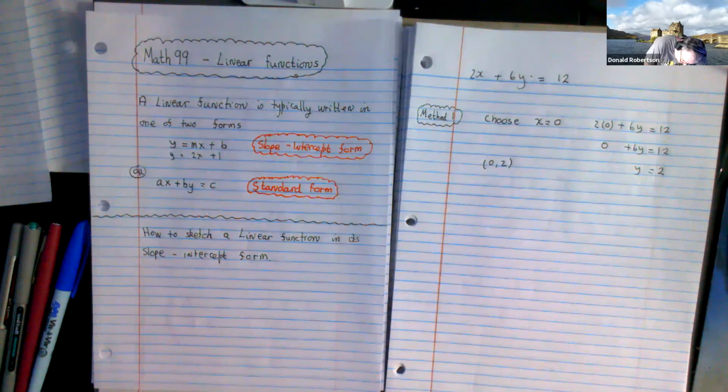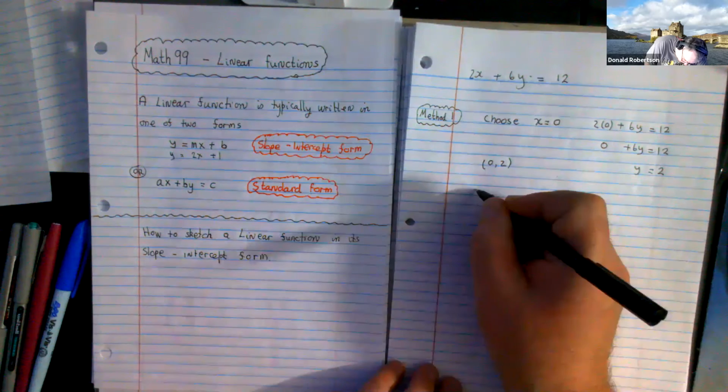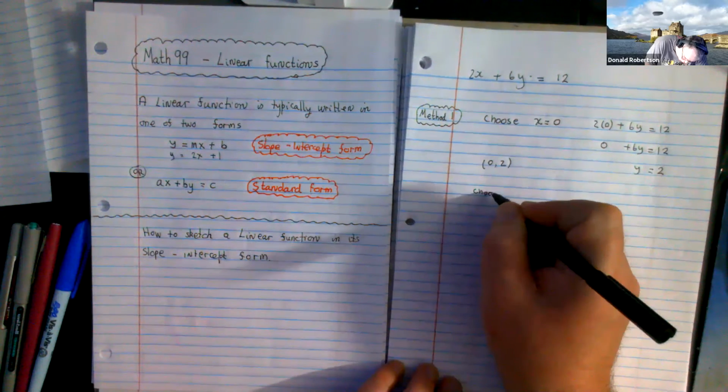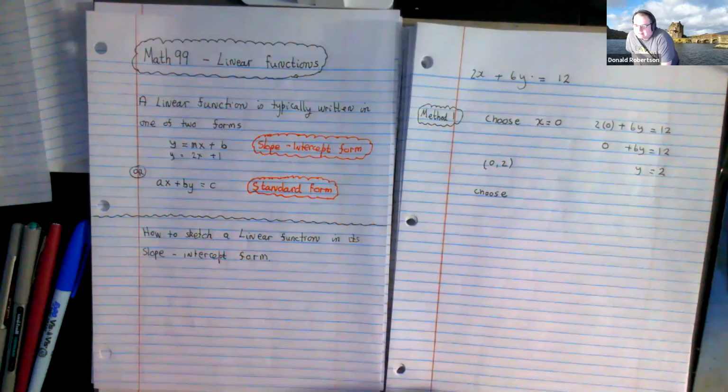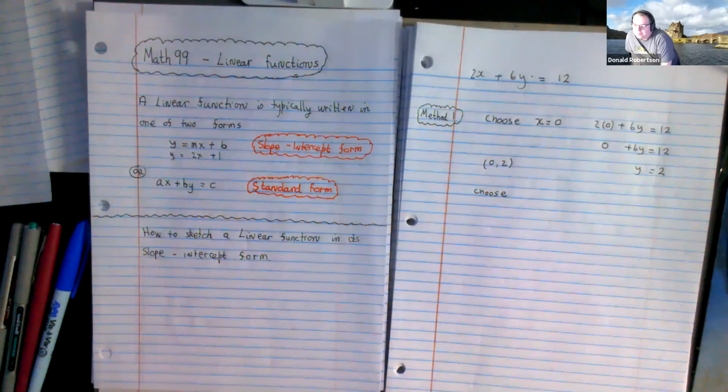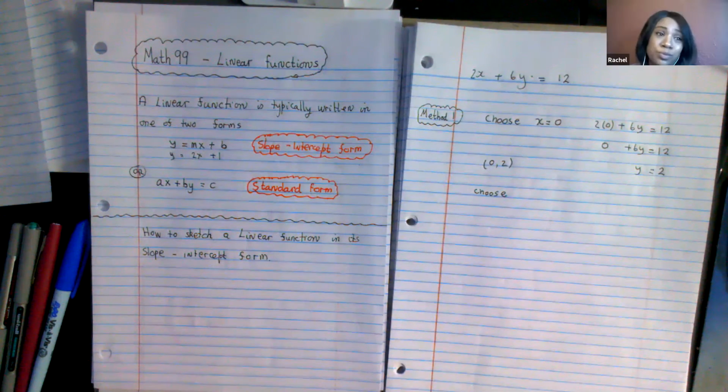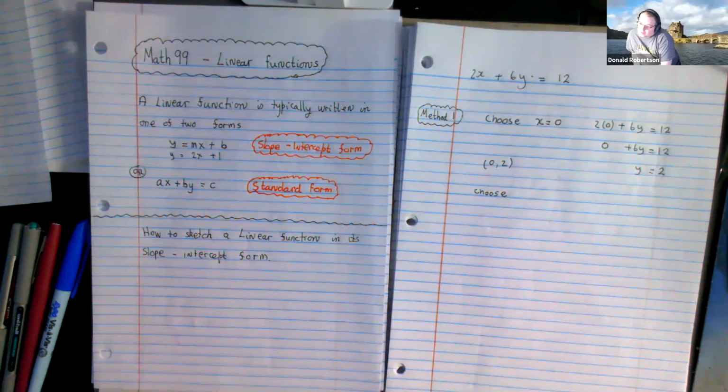Now, this might not be so obvious, but once you've seen it a couple of times, it will become obvious. What do you think I'm going to pick as my next choice? And it might not be x equals anything. x equals 2? Oh, I could. And would it work? Actually, it would.